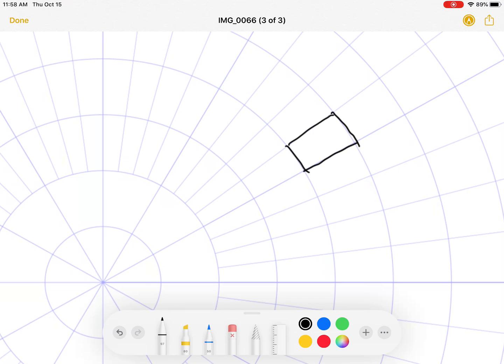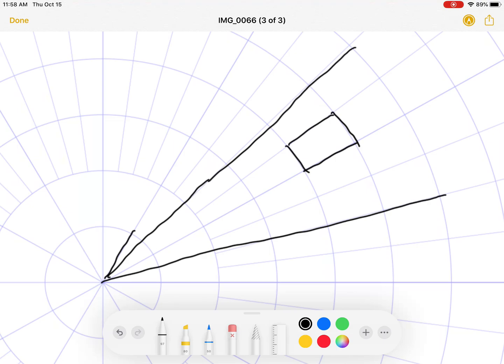So we want to find the region between theta equals alpha and theta equals beta.